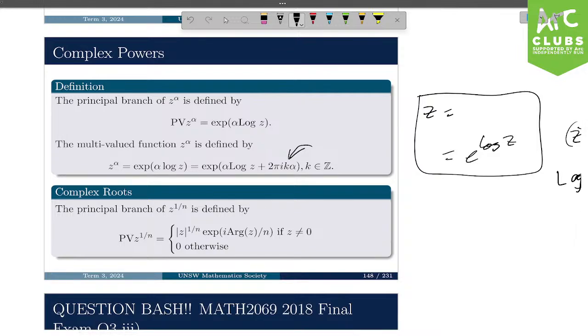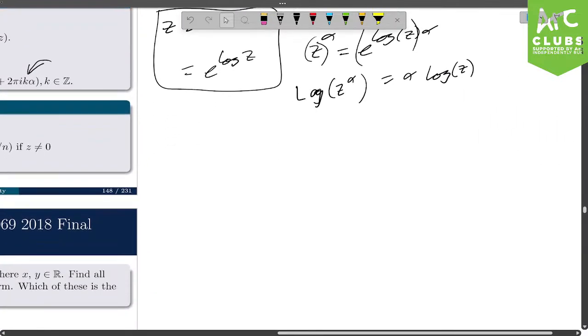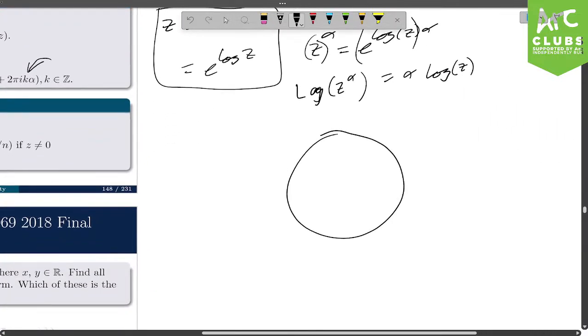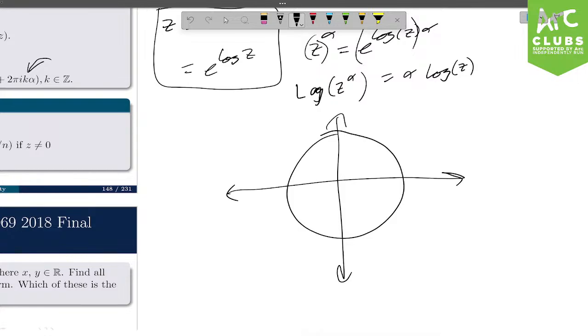So the main issue here when taking roots is when I draw a unit circle on the complex plane, if I have a complex number defined by 1 plus i all over root 2, then when I square root this, there's one of two ways I can go.